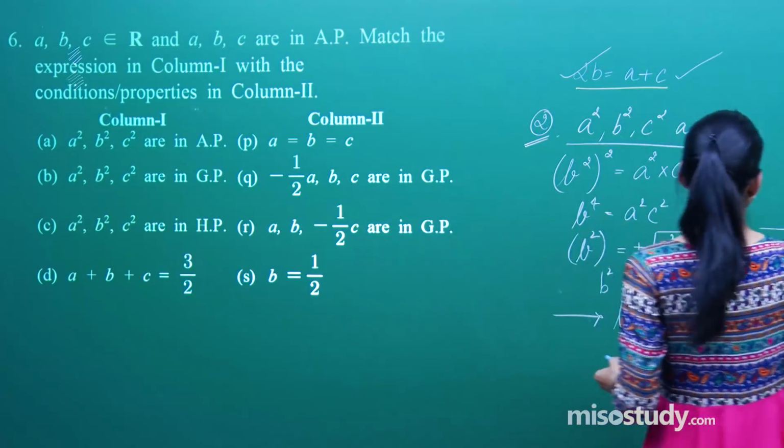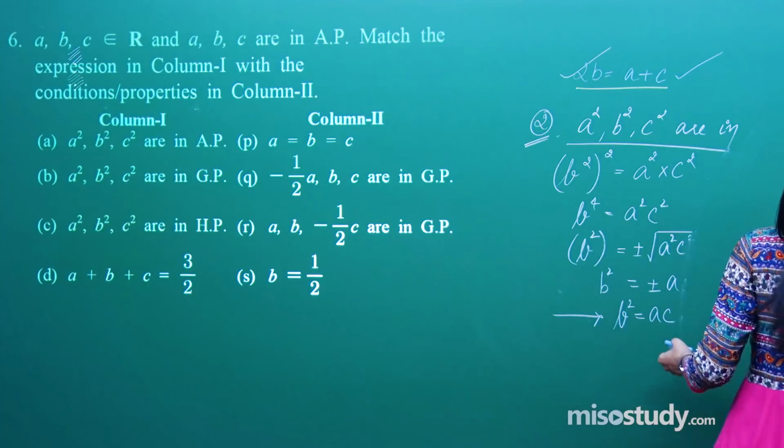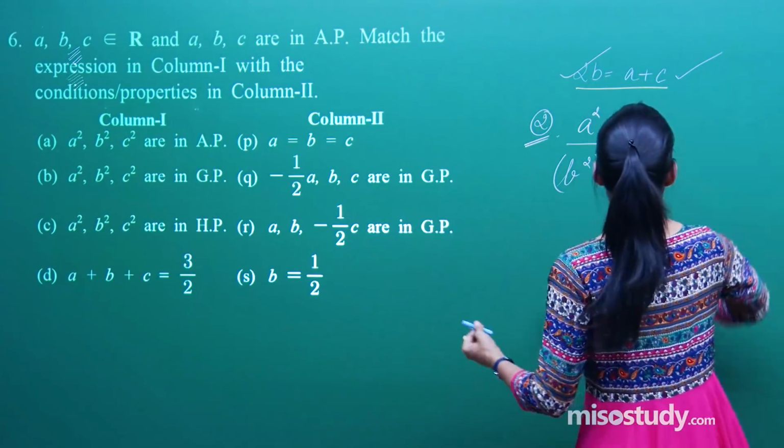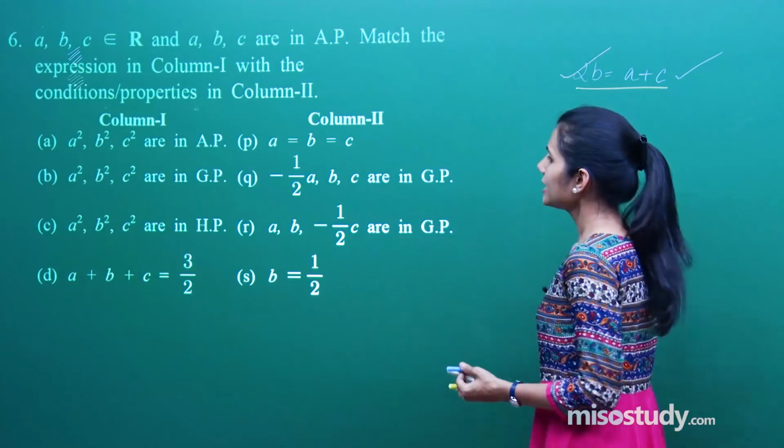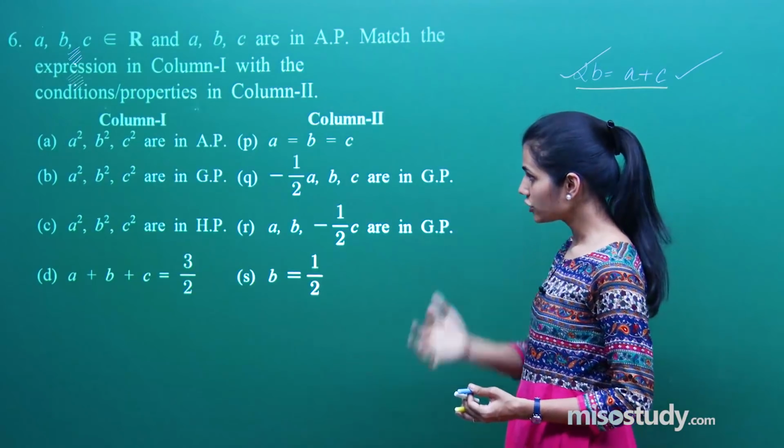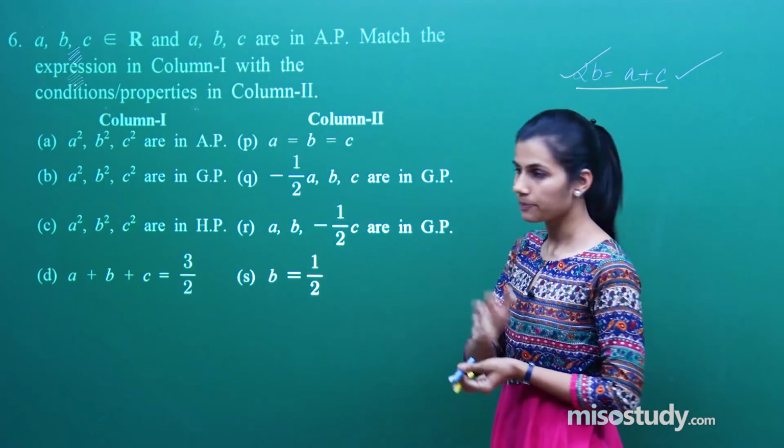Now over here, when I have case C with me, it says that A square, B square, C square are in HP when you already have that A, B, C are in AP.